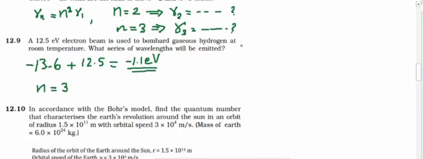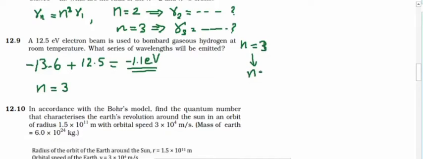First of all, the electron is already in n is equal to 3 level.